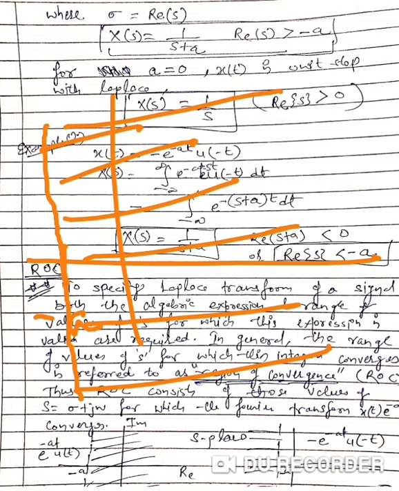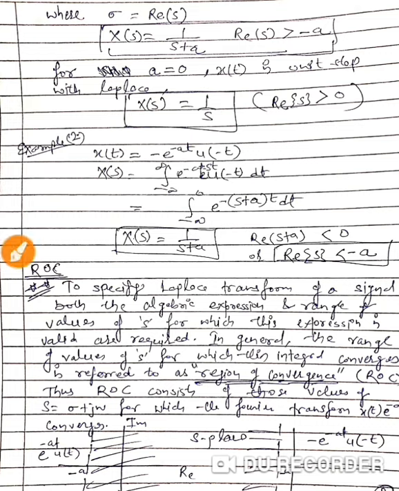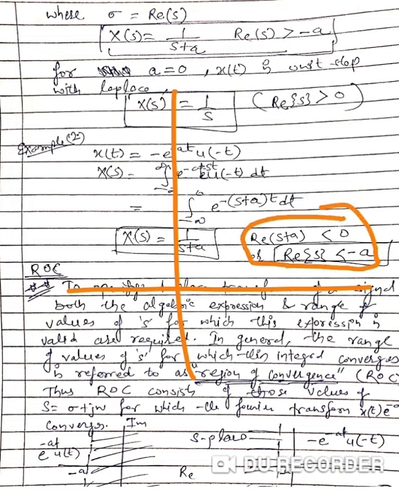Now if we see the second example, where x(t) is equal to minus e raised to power minus at into u of minus t, here the region of convergence comes out as real of s less than minus a.